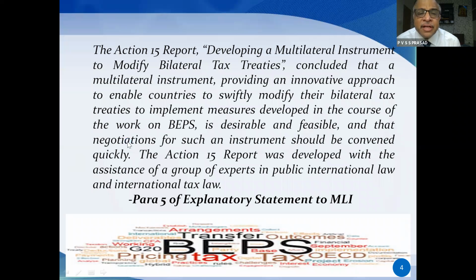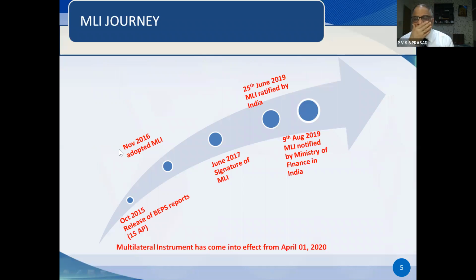Okay, and then the journey of the multilateral instrument for India: in October 2015, as I mentioned, the final report was submitted, and in November the crucial discussions happened, and the MLI's pro forma and framework agreement were released, and then in June 2017, it became a reality by the signature of the first batch of signatory countries like India.